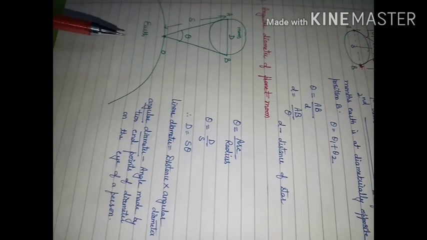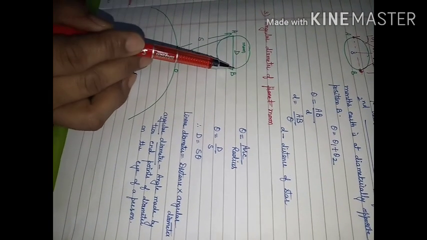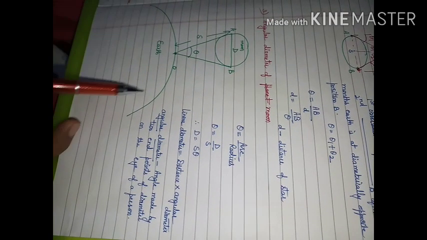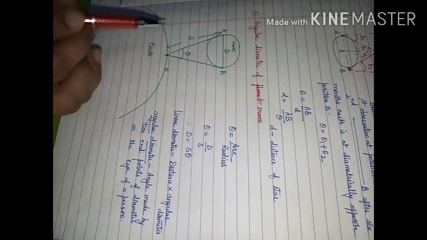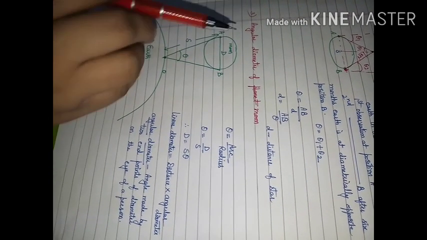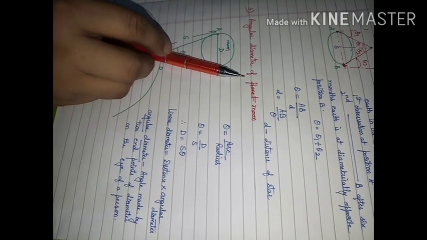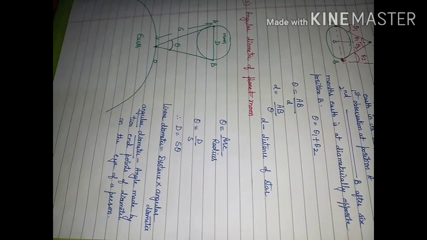If you want to find the angular diameter of the moon, meaning the diameter of the moon, we are on Earth. So from Earth, with the help of a telescope, first we will see this end of the diameter and then we will rotate it to this end of the diameter. Then there is some change in angle.